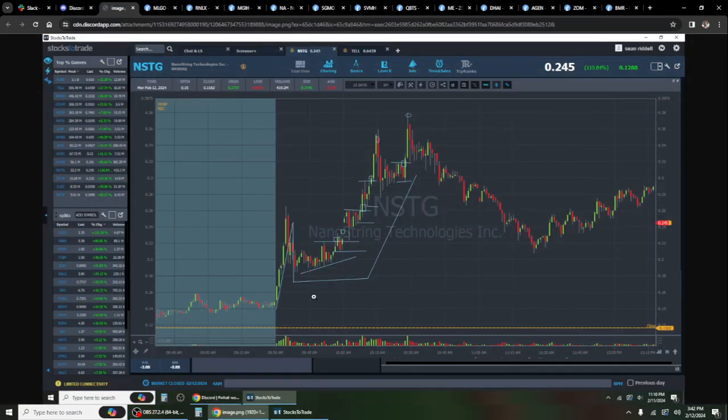In NSTG, I noticed that we had a stock that made a big move up, pulled back to VWAP, held VWAP, pushed off of VWAP, and then we started the stair steppers, which is higher lows, higher highs. And obviously we're just going to add on the higher highs, move our stop up on the higher lows.